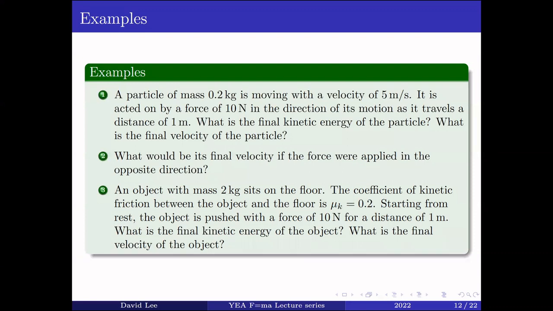But what we might want to do is say, okay, this distance it travels, this distance plus this distance, is 1 meter. Then what will be its final velocity? Well, at this point, its kinetic energy will be 0. So what we can do is try to find this point, first of all.